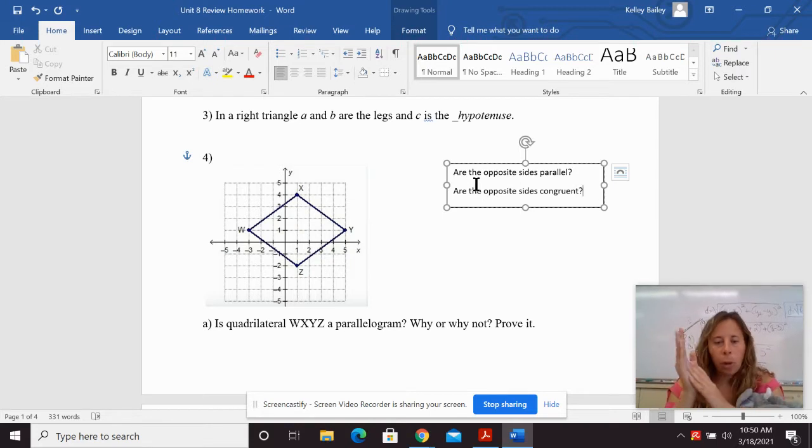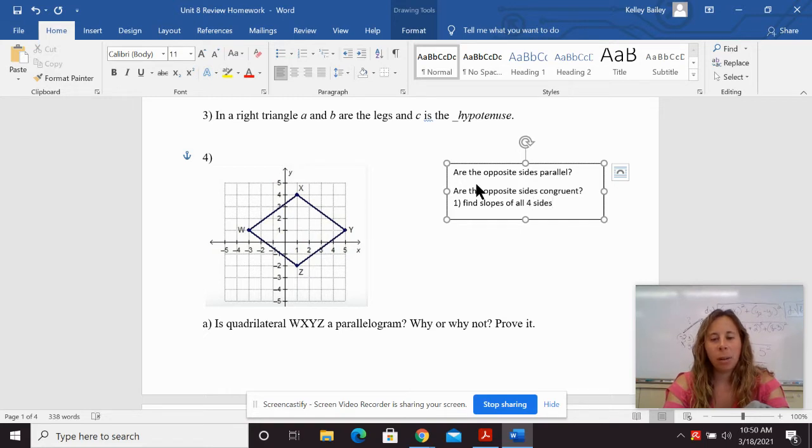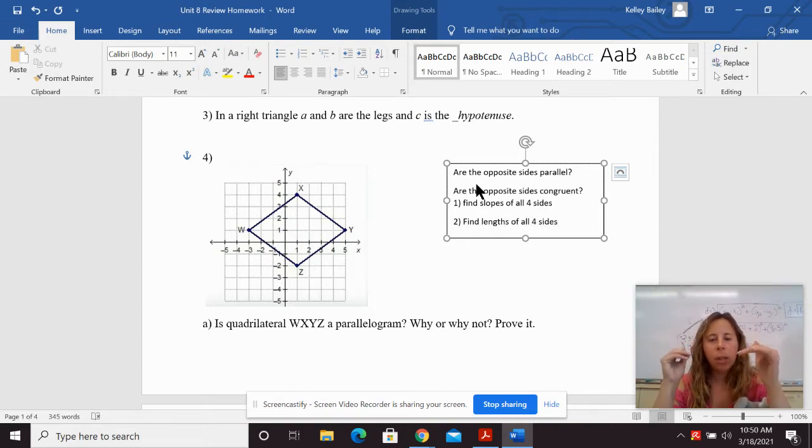So basically, we're going to find the slopes of all four sides, and second, the length of all four sides. Once we figure out that information, we can answer A through D. Whenever you're asked to prove if a quadrilateral is any of those things, you can just figure out the slopes of all four sides and the length of all four sides, and then answer the questions. So we're going to find the slopes of all four sides first.